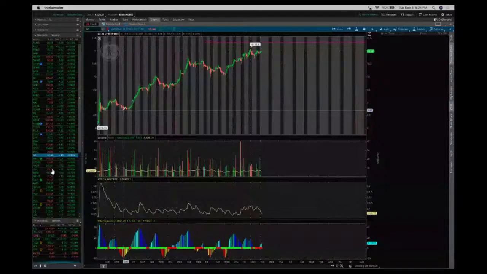So if I go from this low to this high to this low, look at that, almost perfect. So now I got more confirmation here. It doesn't mean it's going to resist, it doesn't mean it's going to confirm, but at least I have something to look at. It's better than having nothing at all.